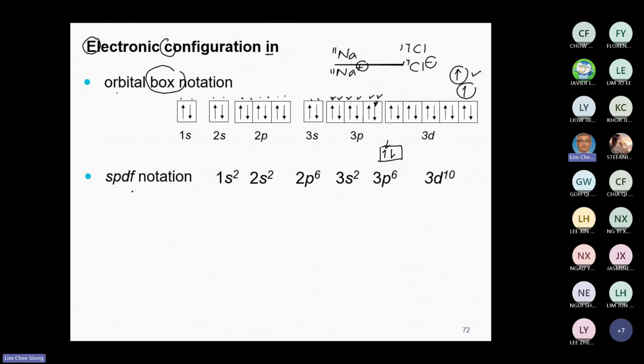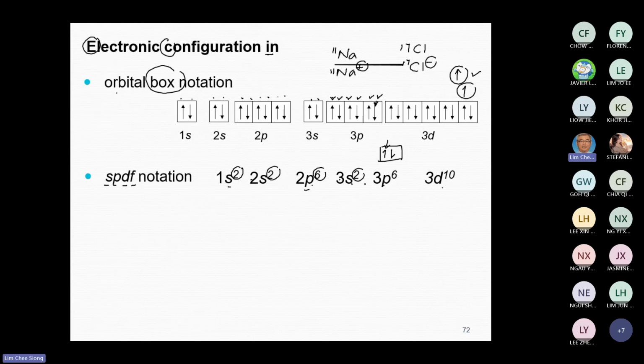Another format you will be asked is under SPDF. Why? Because S and P, then D and F, represent the orientations of the electronic configuration. So this time you must write down 1s with 2 electrons, 2s with 2 electrons, 2p with 6, 3s with 2, then 3p, let's say chlorine, 3p5.